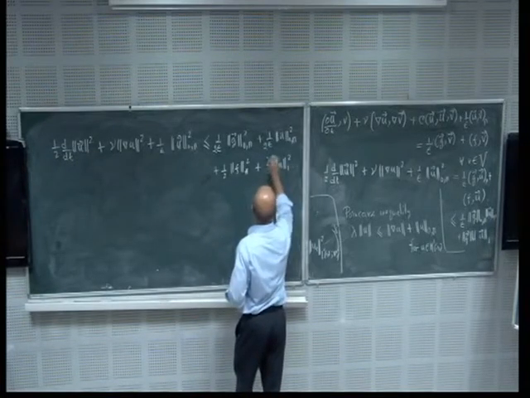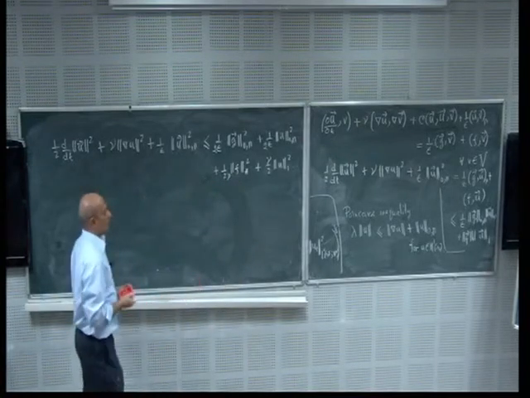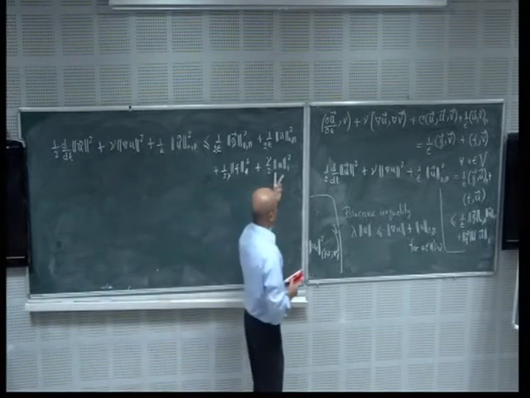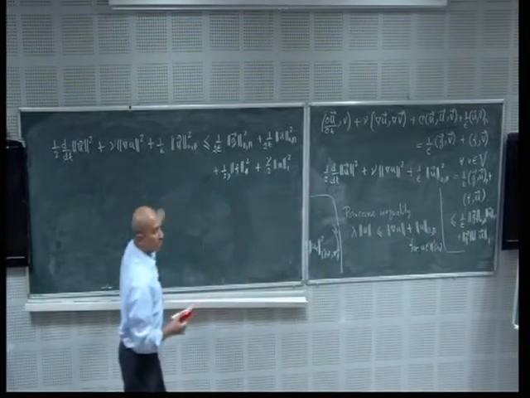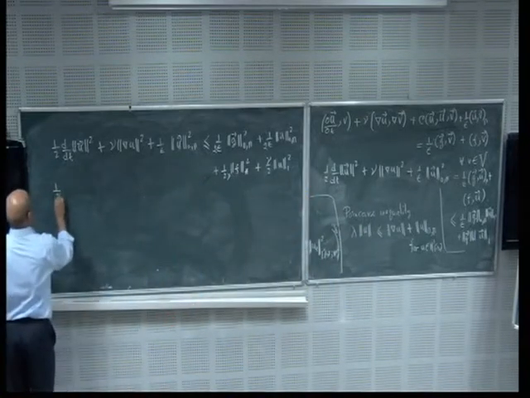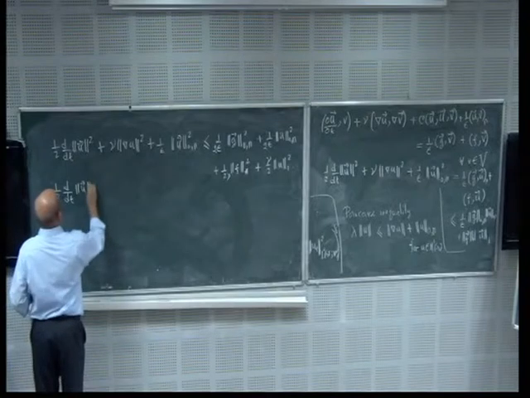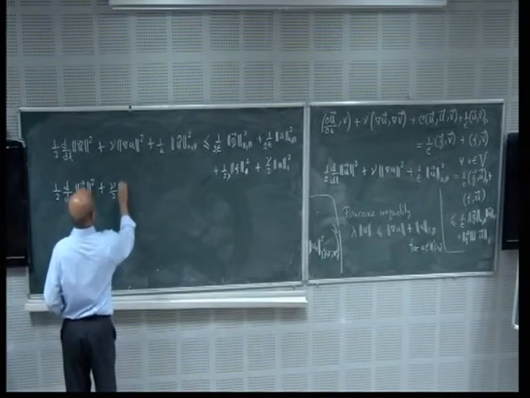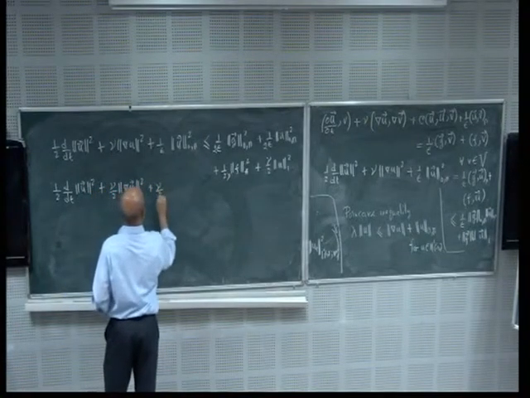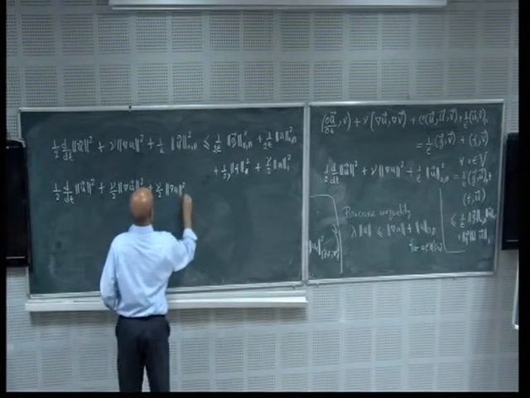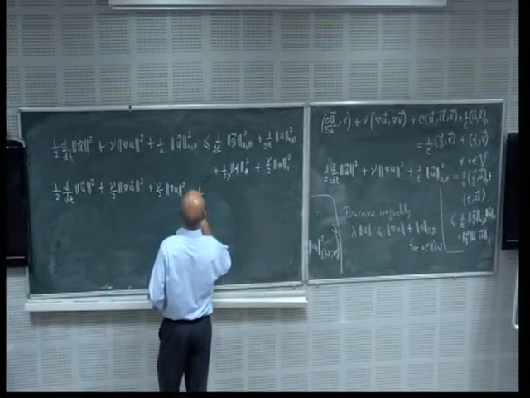So let's introduce nu and apply Young's inequality. Still, I cannot absorb this term, but the Poincare inequality allows me to place something on the left side so that I can absorb that term. Let me make this 1 over 2 epsilon.